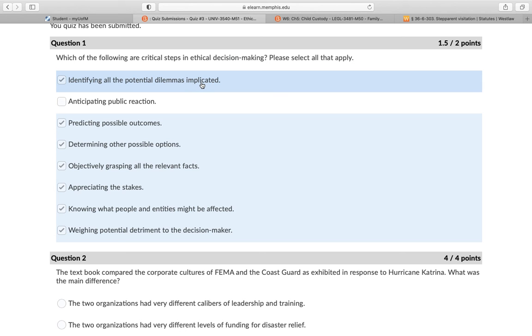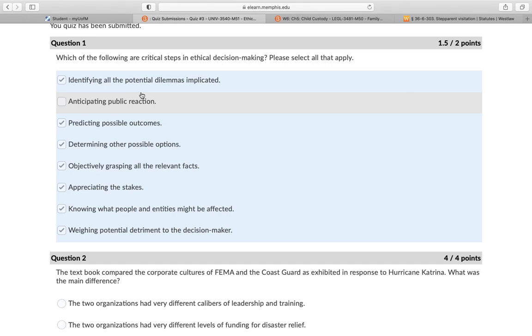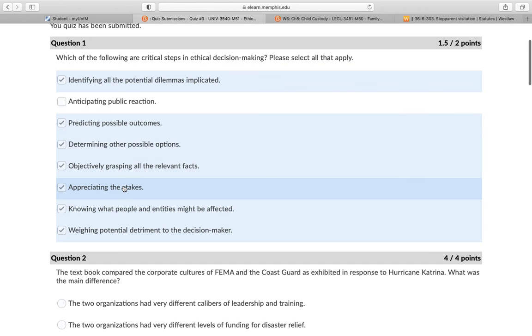Identifying all stakeholders, I don't really see, let's see, it doesn't really specify identifying all stakeholders in any of these answer choices.